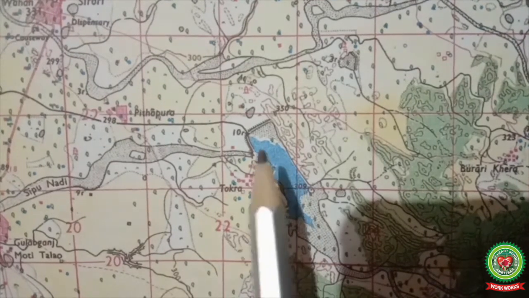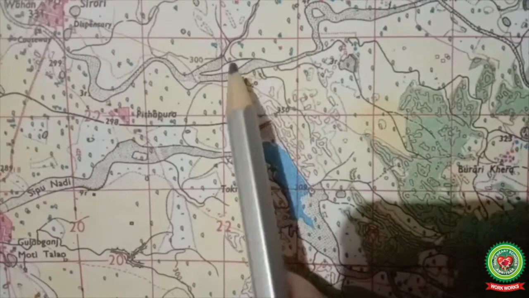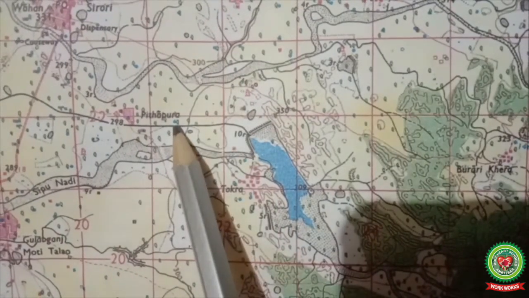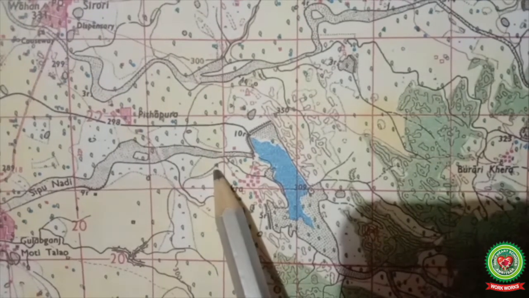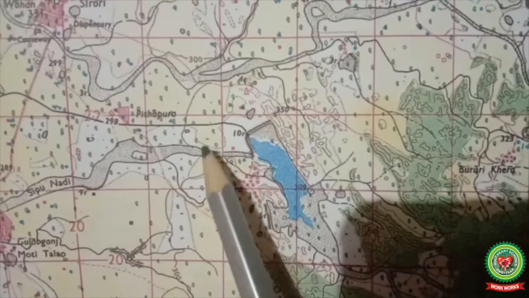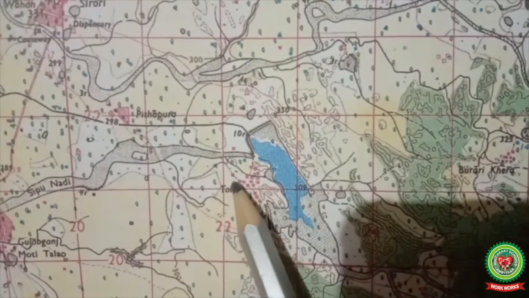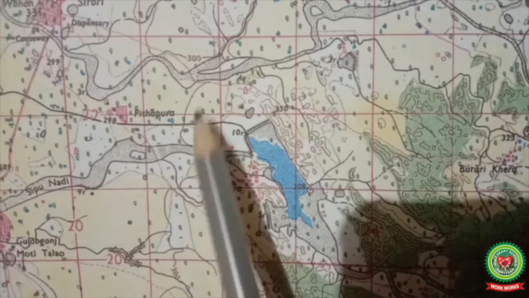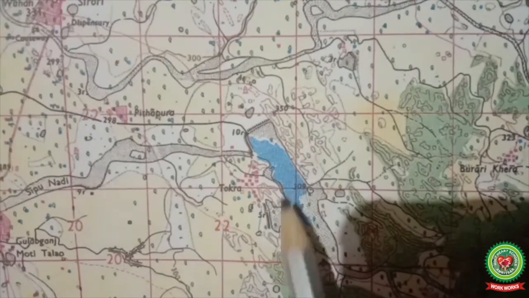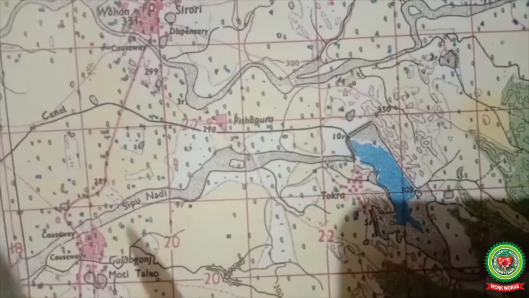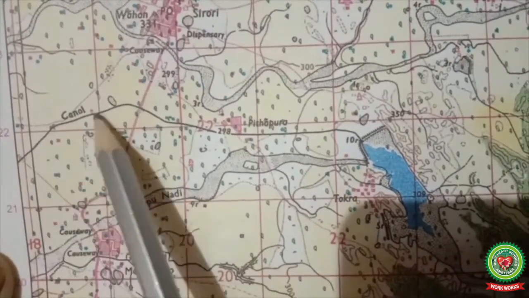Then you can see blue colored dots here on the topographical maps, like these blue colored circles. They indicate the presence of perennial lined wells. Now perennial lined wells are the wells that have water throughout the year. So these are the two main means of irrigation here. Then you can see in the same topo sheet, a canal is there.